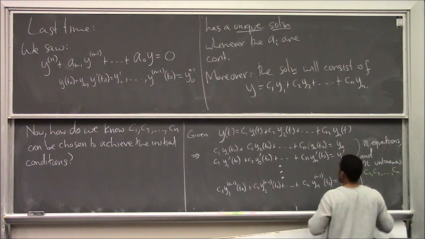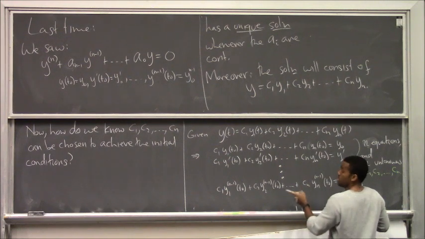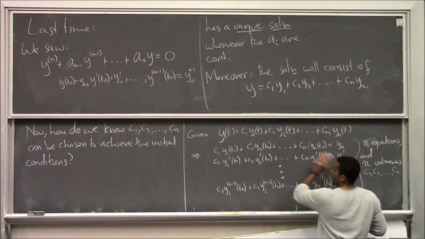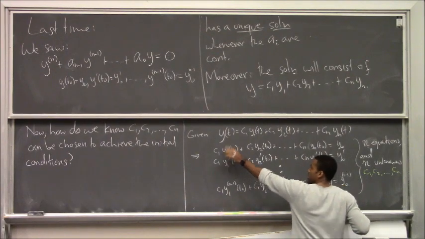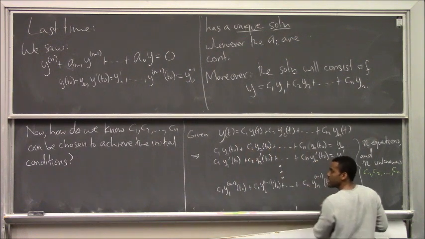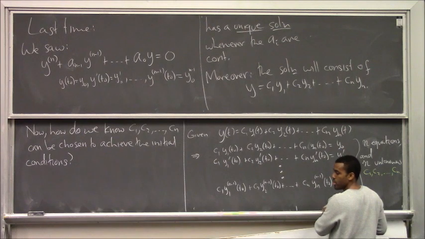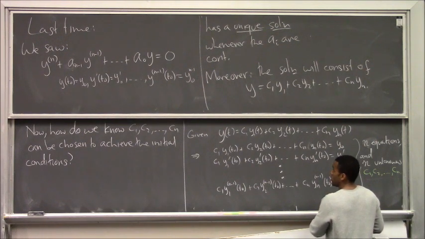I want to know that I can choose coefficients that get me those initial conditions. In theory, the y1, y2, y3 are functions that I already have found, and I can evaluate them at a certain point. So these are constants that I know. What I don't know is how to choose the coefficients so that the linear combination will create a solution. So these are the unknowns.